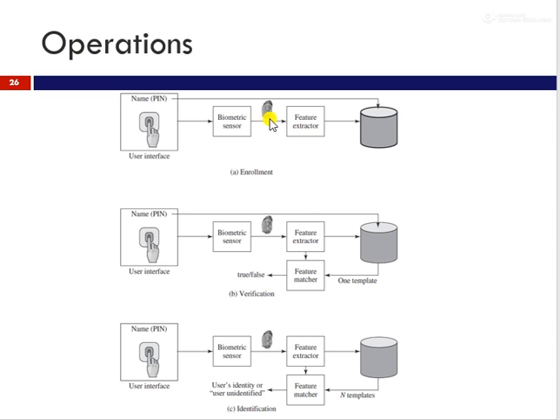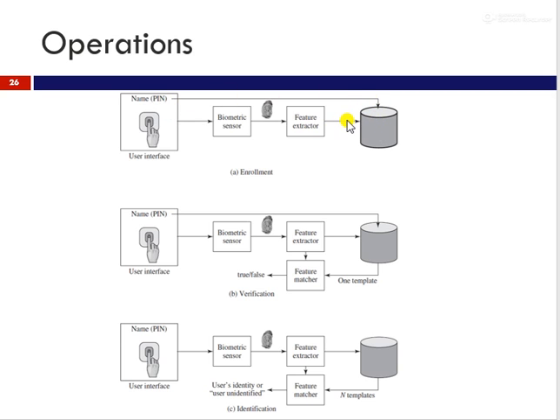This feature extractor module will perform some mathematical functions on this image, like the fingerprint of the user, and then generate the biometric template of this user, and this biometric template will be saved in the database along with the username or PIN.